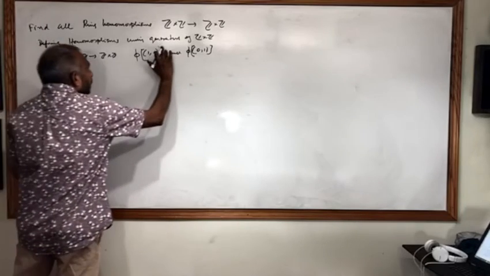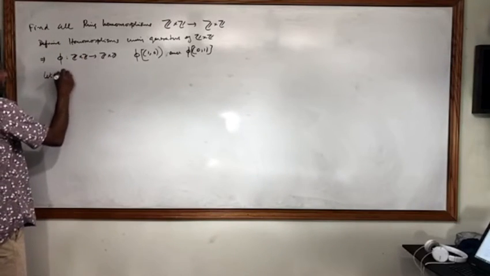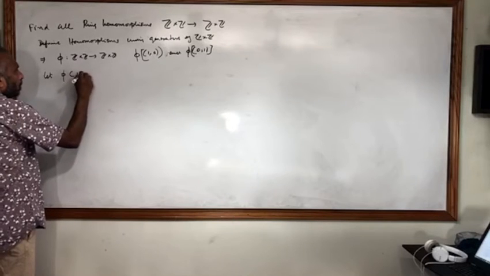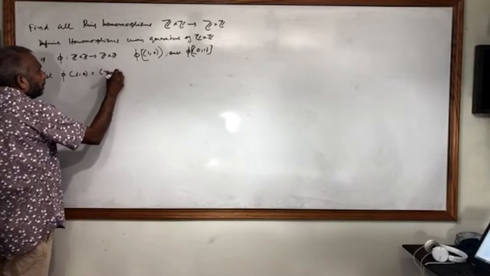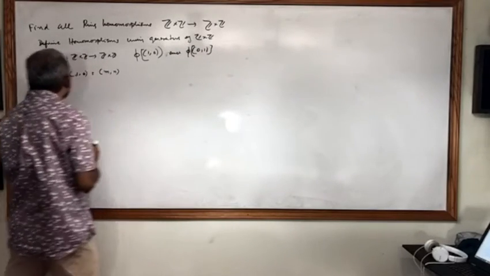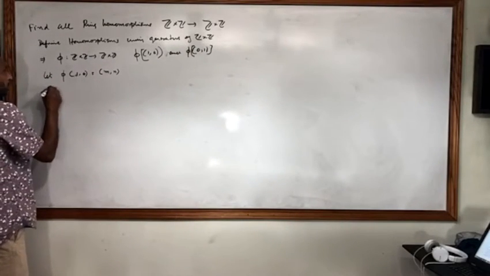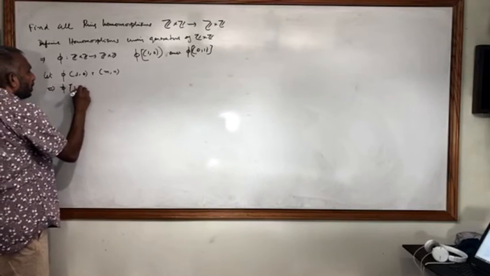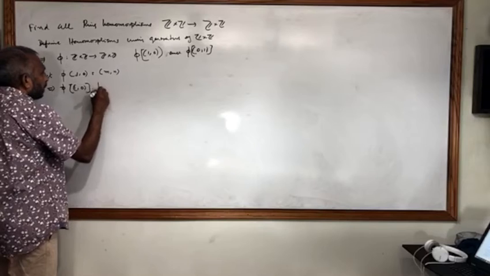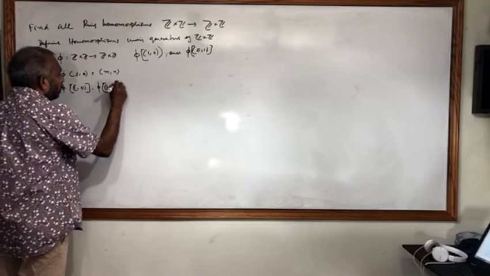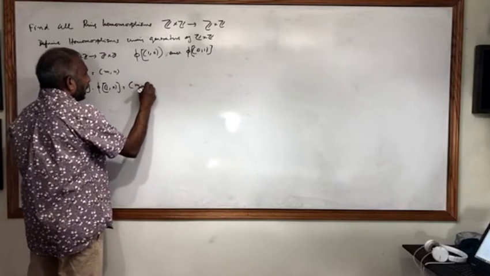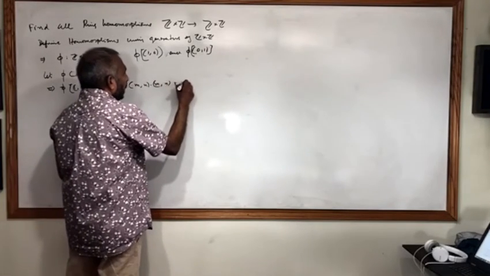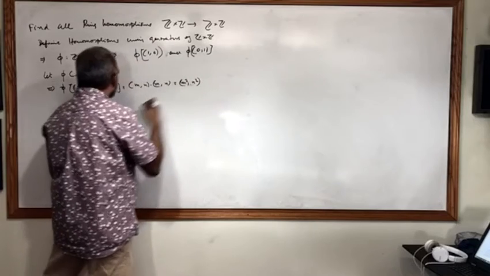So let phi of (1, 0) be equal to (m, n). This is a general element in here. So this implies phi(1, 0) times phi(1, 0) is equal to (m, n) times (m, n), and that is equal to (m square, n square).